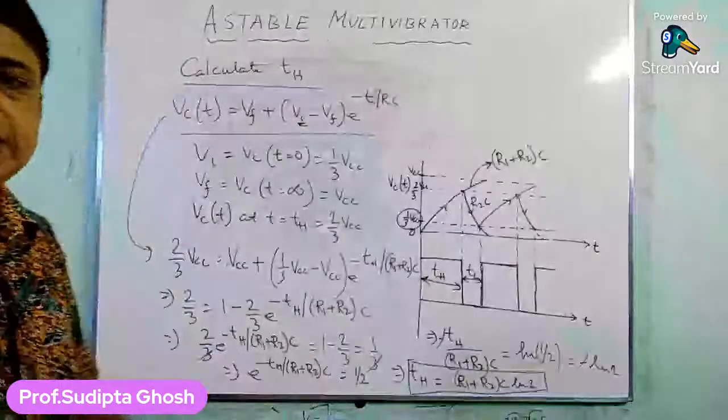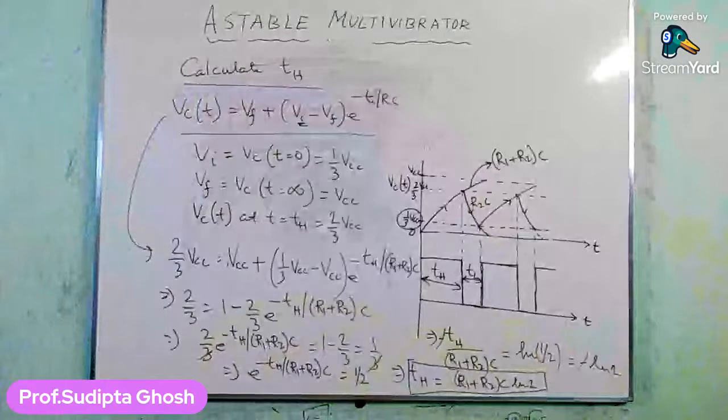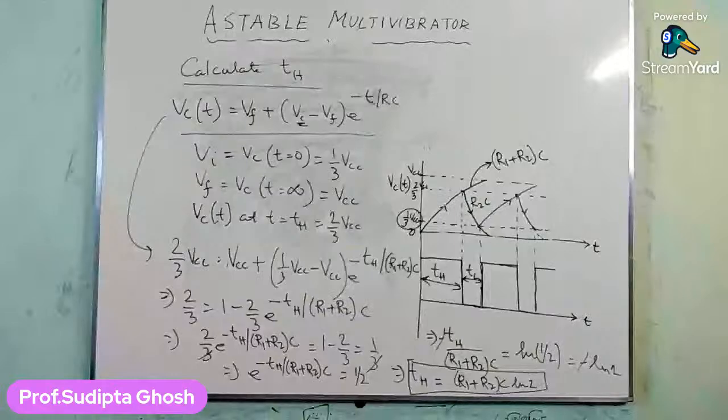Is it okay? Do you have any doubts up to this? Have you all understood how we can find the value of th?